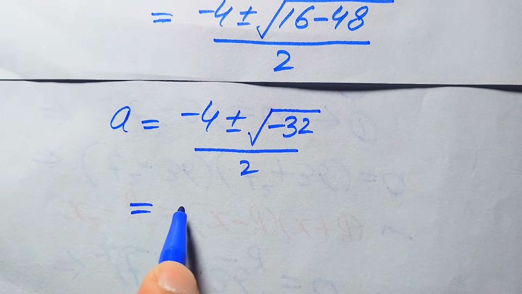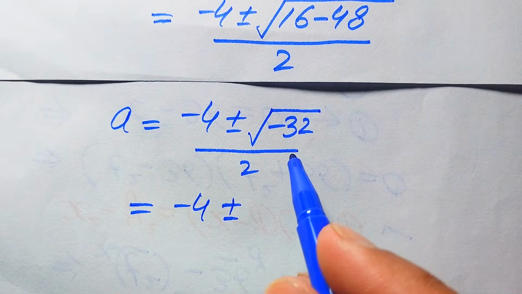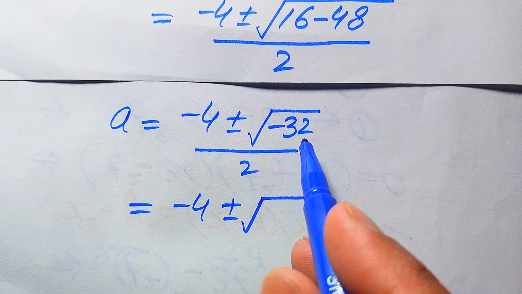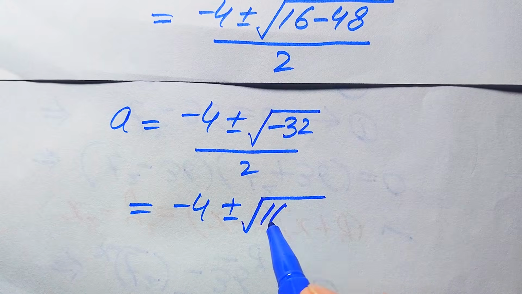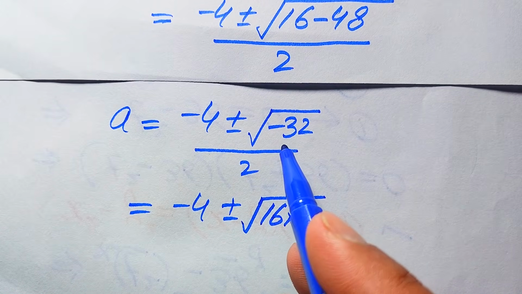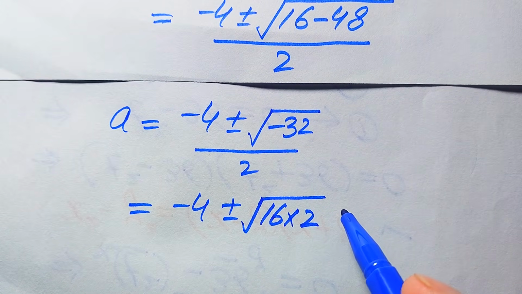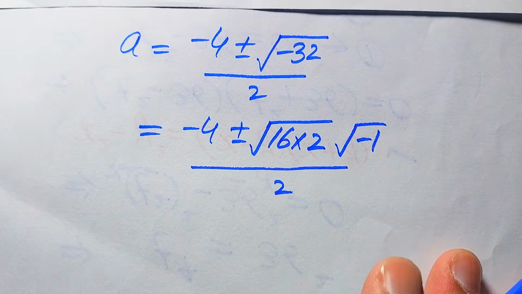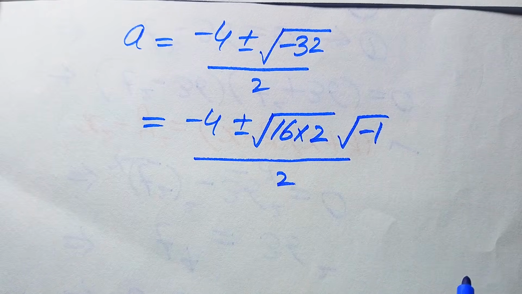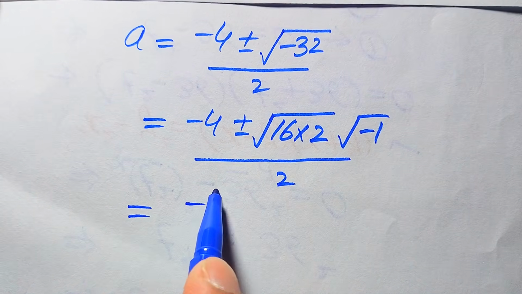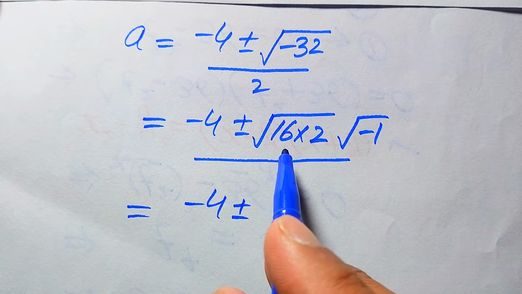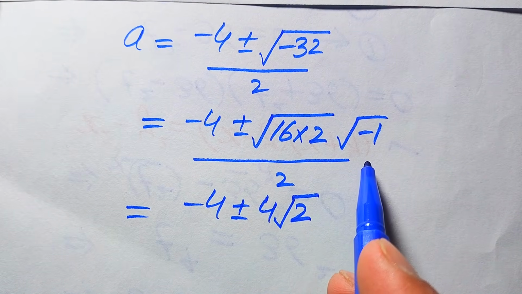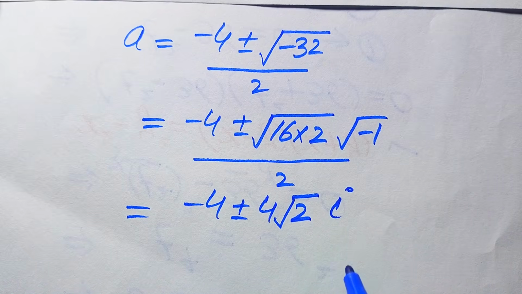And now in the next step we have minus 4 plus minus. Here we rewrite this as square root of minus 32, and we know that 32 equals 16 times 2, and this is square root of minus 1. We write it here, and it is divided by 2. Further in the next step we have minus 4 plus minus square root of 16 becomes 4 times square root of 2, and we know that the square root of minus 1 equals iota.